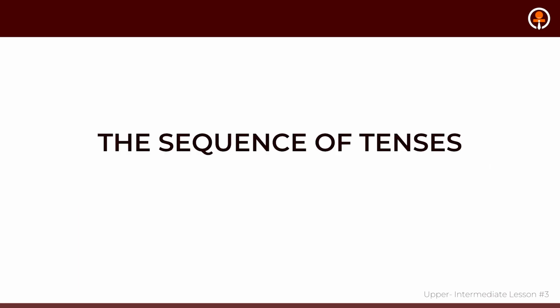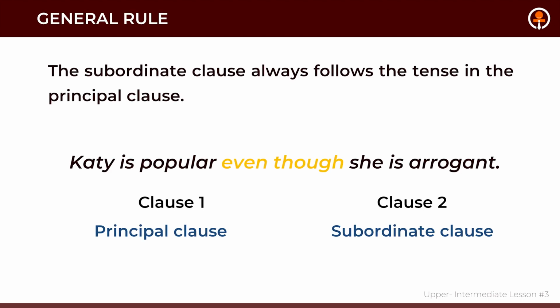Now, the sequence of tenses. There are several rules that guide the sequence of tenses, but the main rule states that the subordinate clause always follows the tense of the principal clause. So what is the principal and what is the subordinate clause? We said that in a complex sentence there is an independent clause and a dependent one. Those are called the principal clause and the subordinate clause.